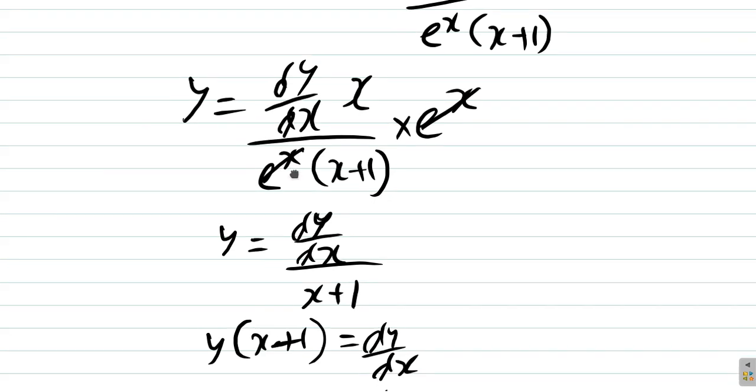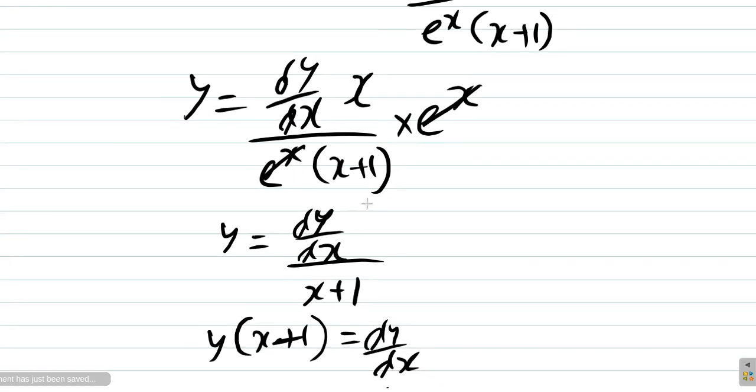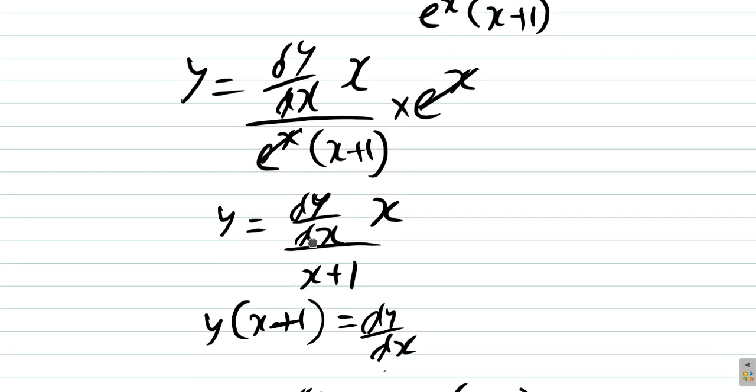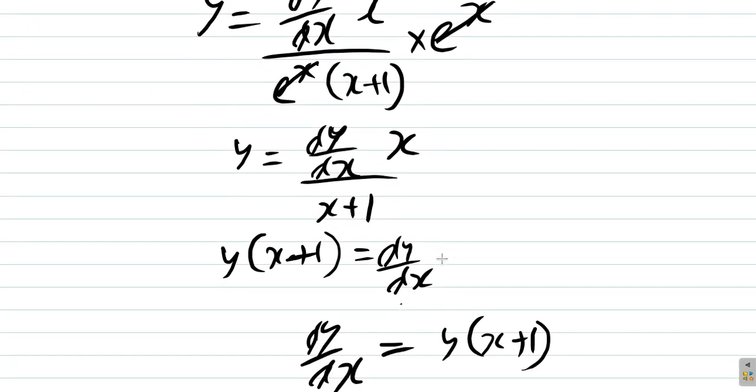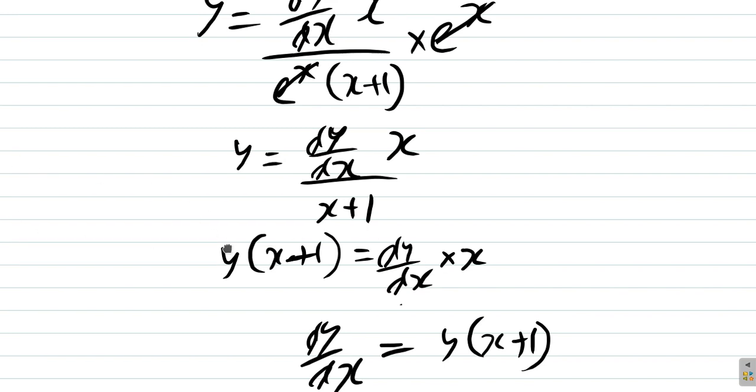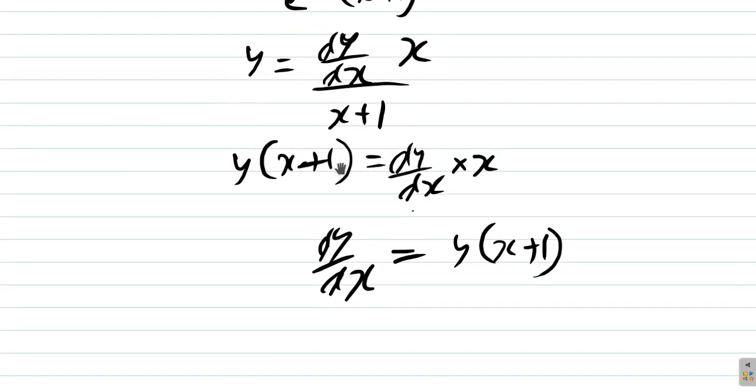Okay, so we had left out the x. My mistake there. So we multiply x plus 1 times y, and we have dy by dx times x. And then when we switch the dy by dx x over to the left, we say x dy by dx is equal to y x plus 1.